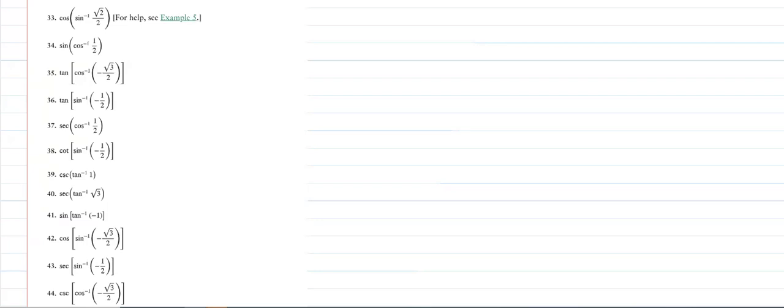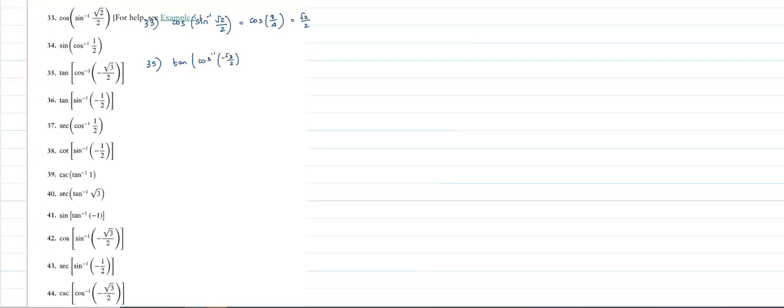So the first problem here is cosine of sine inverse of root 2 over 2. Okay, so this is a unit circle value. So this is pretty straightforward for me. Sine inverse of root 2 over 2, I know is pi over 4, right? So cosine pi over 4 is root 2 over 2. So that's all I need to do. Now 35 is tan of cosine inverse of negative root 3 over 2.